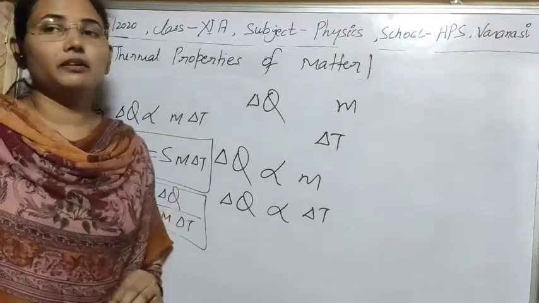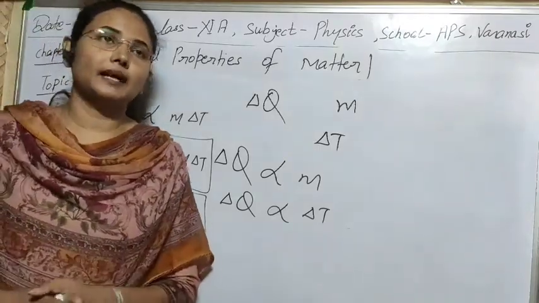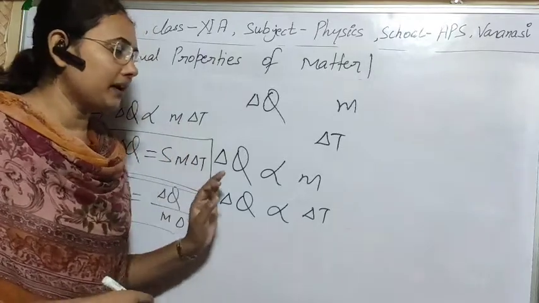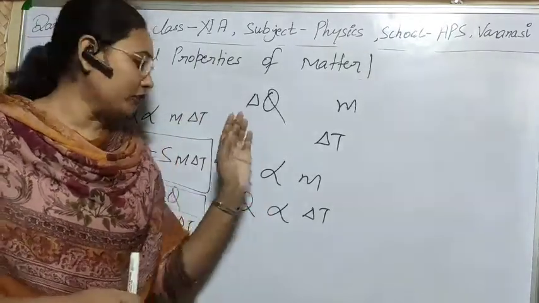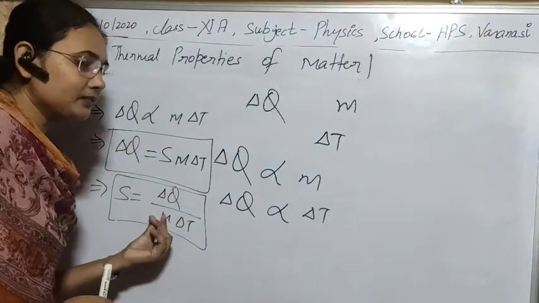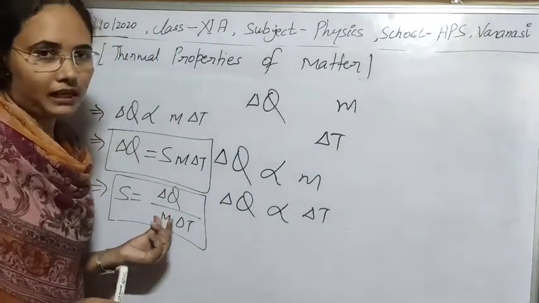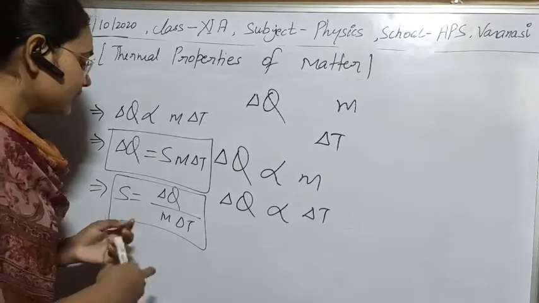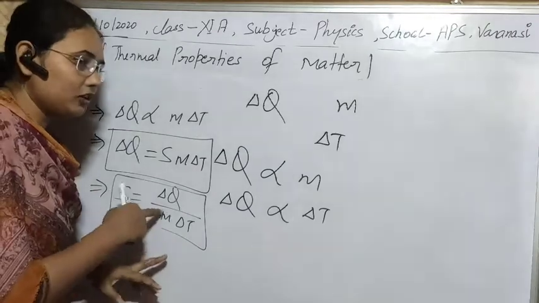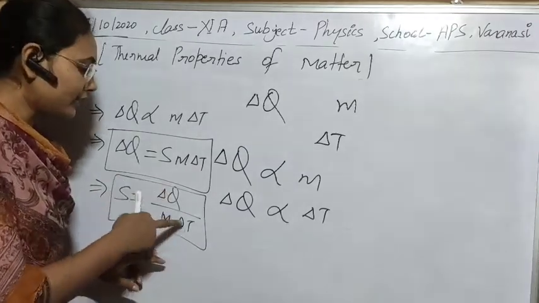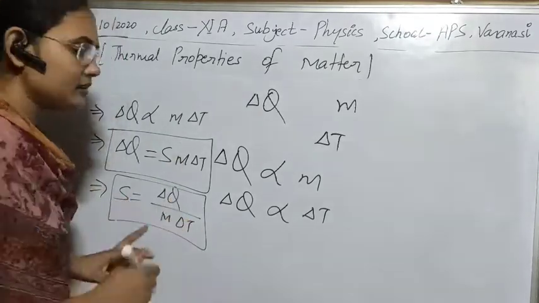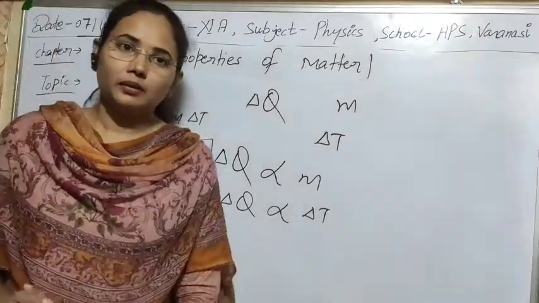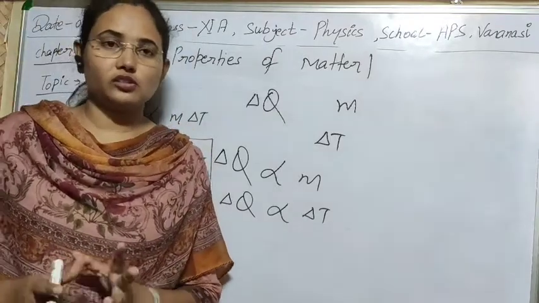In simple words, heat capacity is defined as the heat required to change the temperature of a certain amount of mass by 1 degree Celsius. For a certain amount of mass m, the heat required to change its temperature by 1 degree Celsius is known as the heat capacity of liquids, gases or solids.